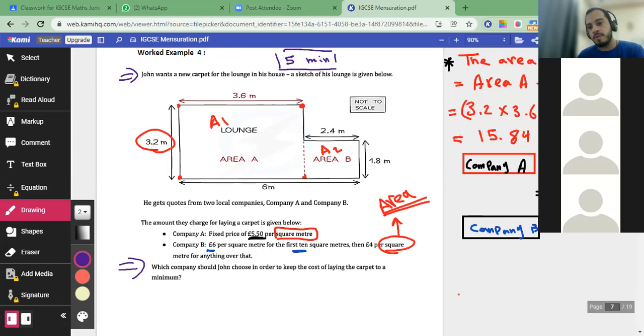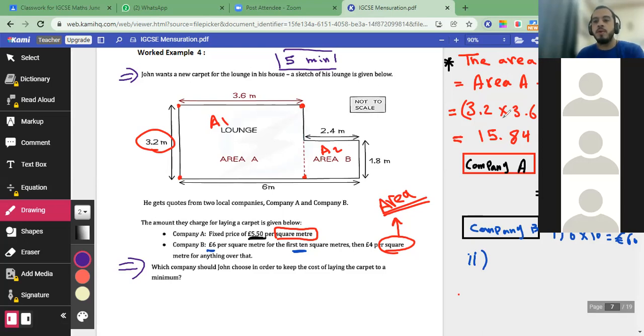So the first thing is 6 times 10 equals 60 euros. And then I got 87.12 minus 10, no, because we already multiplied 10.